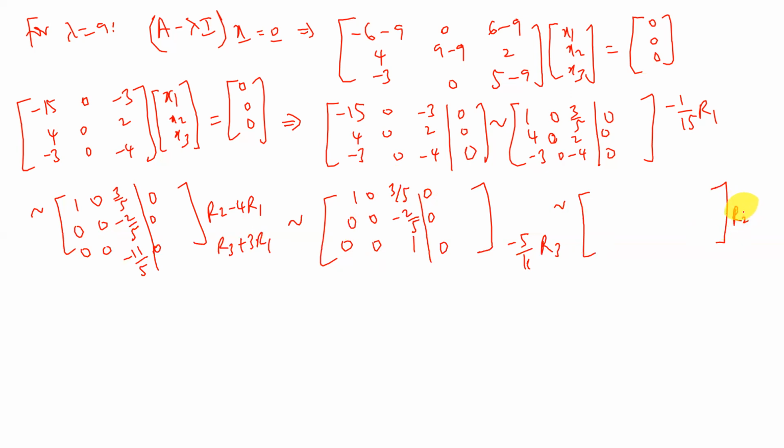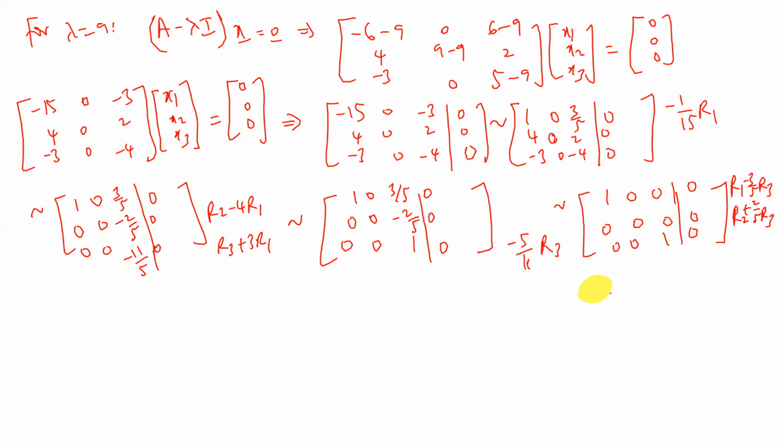Row 2 plus 2 over 5 row 3. 0, 0, 1, 0. Row 1 minus 3 over 5 row 3. 0, 0, 0.